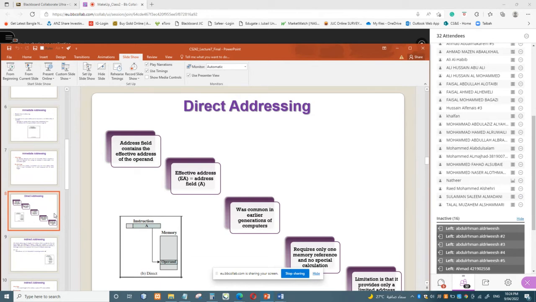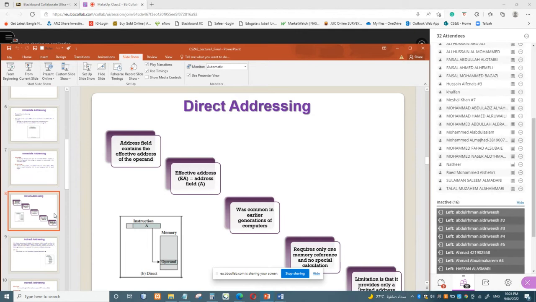So in direct addressing, the size of your memory will be very small. That was the situation 50, 60 years back, when maybe only 1 kilobyte or 8 kilobytes of memory could be accessed using direct addressing mode.